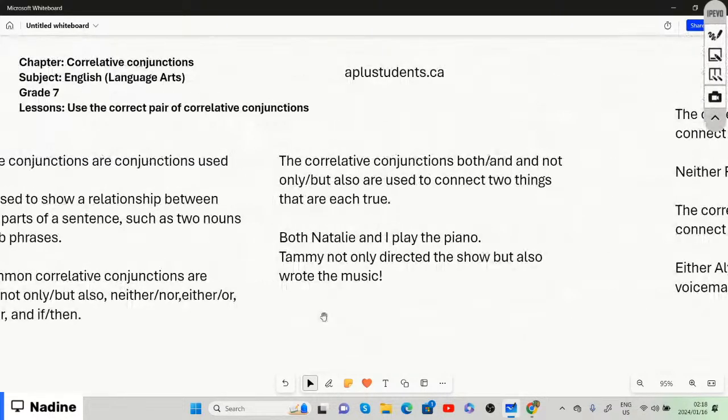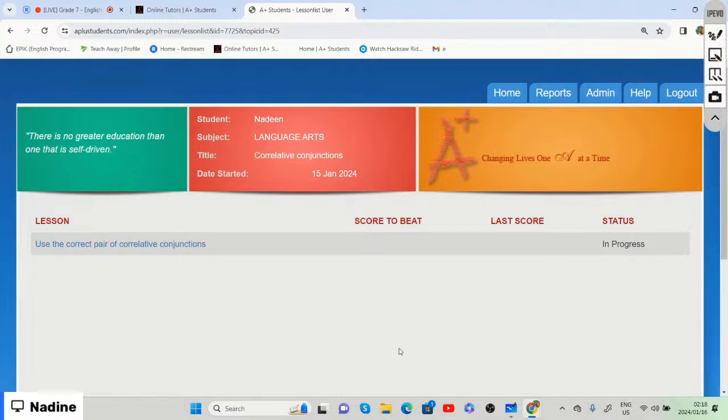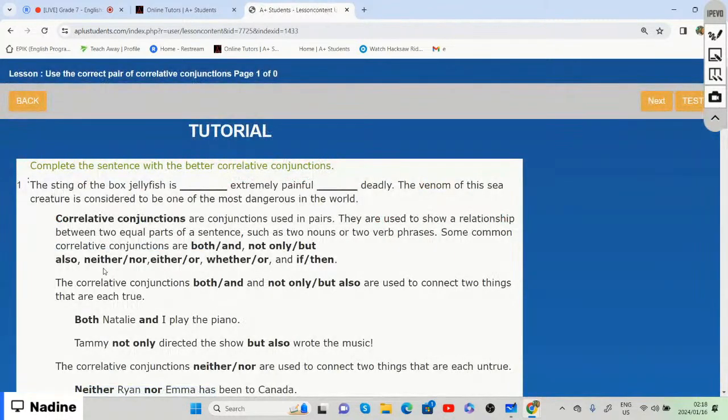We are doing our tutorial lesson on aplusstudents.ca, and we're going to the first lesson, which is to use the correct pair of correlative conjunctions.